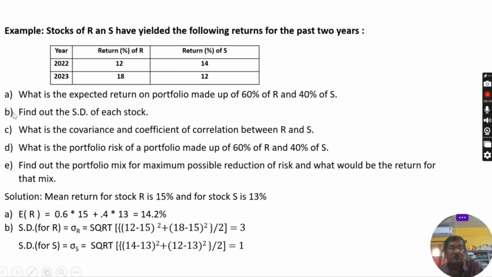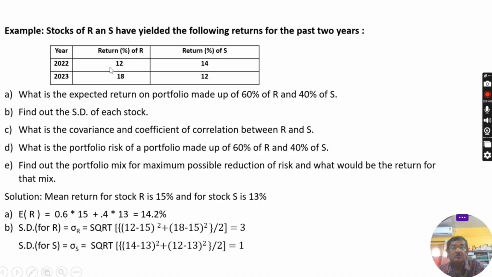Now question B, standard deviation for each stock. Sigma R is the square root of, we know the formula for standard deviation, xi minus x bar square plus, similarly for the different years, divided by n. The formula is sigma of xi minus x bar square divided by n, and square root of it. You can simply use the square root.